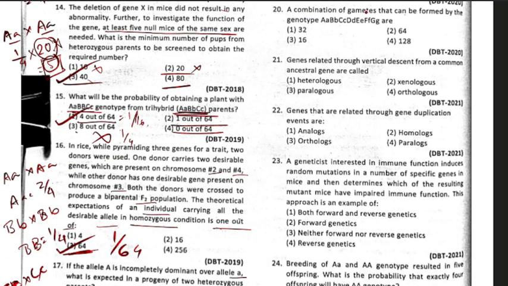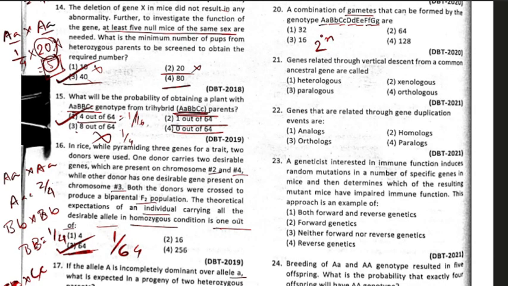Next, how many combinations of gametes can be formed by the genotype capital A small a, capital B small b, capital C small c, capital D small d, capital E small e, capital F small f, capital G small g? Very easy. 1, 2, 3, 4, 5, 6, 7. Total 7 heterozygous loci are there, and we have a formula for this question, that is 2 to the power n, where n is the number of heterozygous loci.